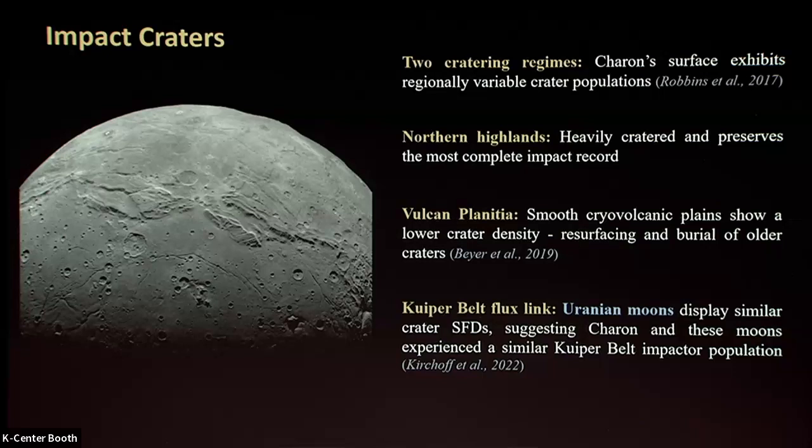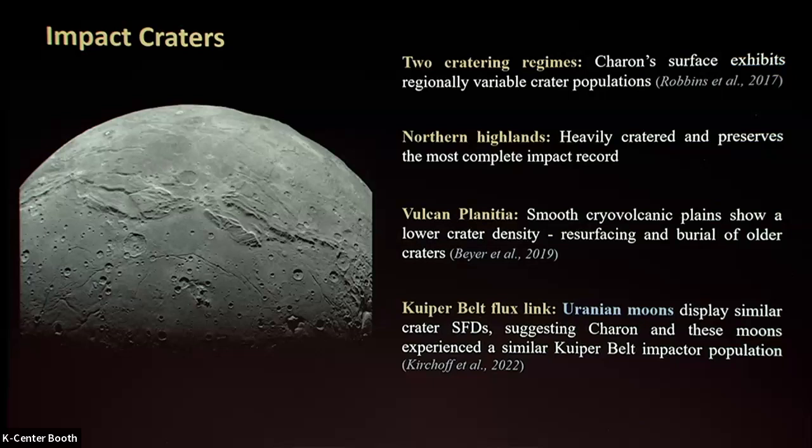And what I mean by this is that one pole seems to be much more geologically active than the other pole, and we don't really know why, because most of the processes we would invoke would be affecting both poles in a similar fashion. But this is again a place where, by looking across all of the icy moons, we might start to be able to pick out what mechanisms would explain all of the moons simultaneously versus having to come up with a very different process for each of them.